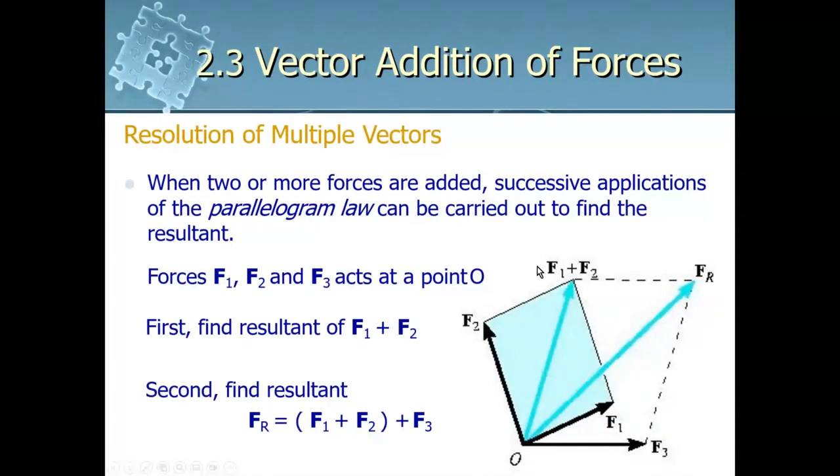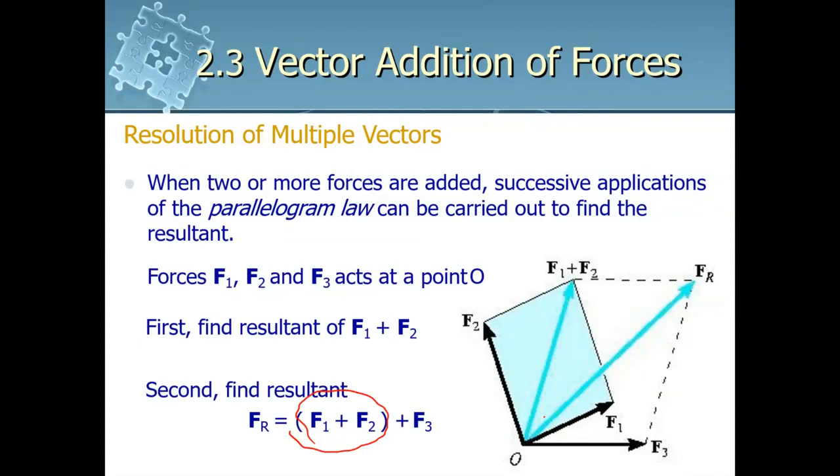All right, the next question is, what happens if there are more than two vectors? With two vectors, yes, we construct a triangle. But if there are more than two vectors, one solution you might suggest is, okay, let me group the first two vectors together, and that group, I take care of it first.